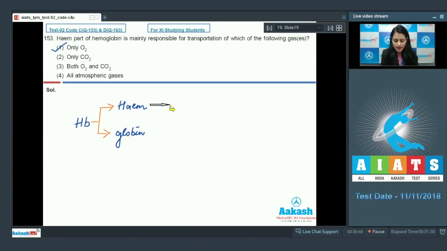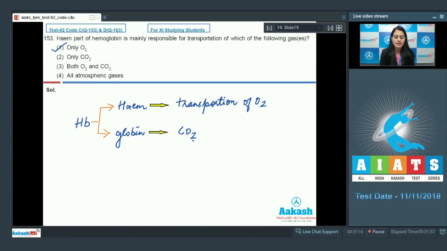And this heme part helps in transportation of O2, whereas CO2 is transported by binding to the globin part of this hemoglobin. So the very first option is correct.